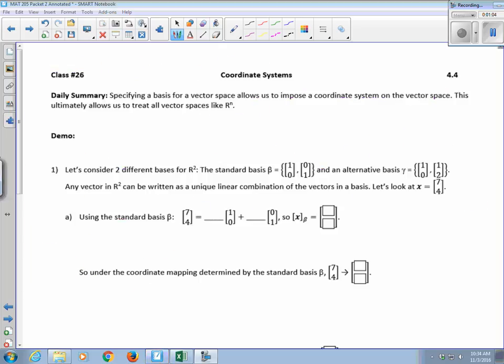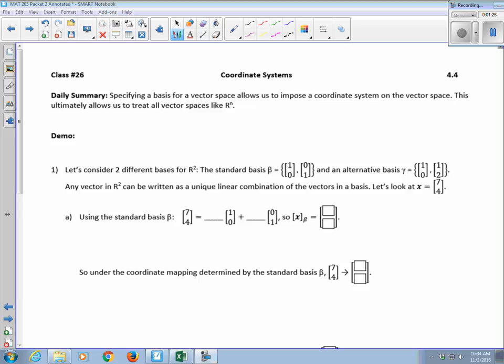All right, so we're going to start today's class on section 4.4. We're going to be looking at how choosing a basis. So remember, a basis is a linearly independent set that spans the entire space. So the smallest possible spanning set.